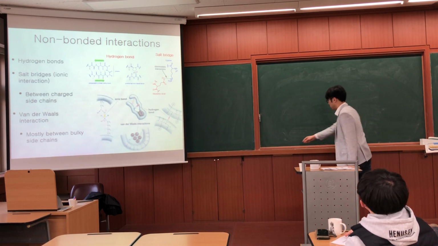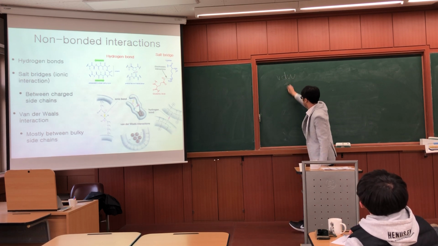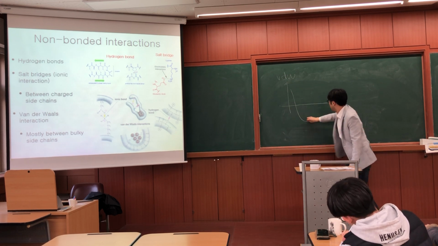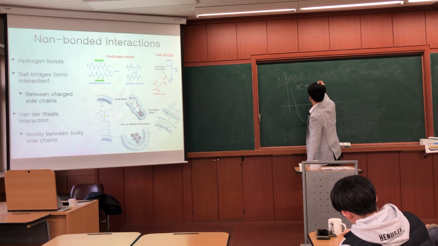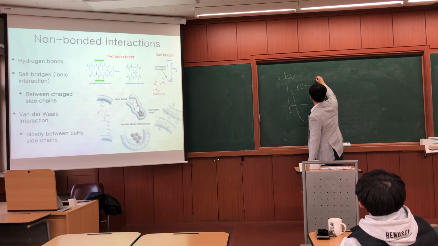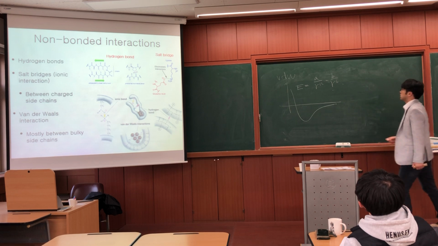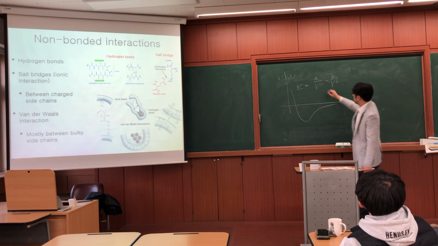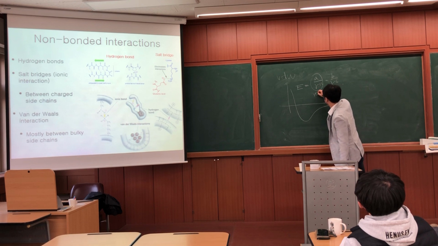So what is the form of van der Waals? The van der Waals interactions are generally written like this, and the functional form is A over R to the 12 minus B over R to the 6, right? Generally, this term corresponds to the repulsive interaction.